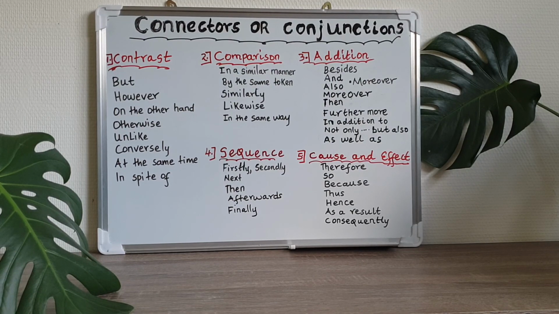Some connectors contrast ideas, others help to compare ideas, others help us to add ideas together, others help us to create some kind of sequence, and others we use when we want to show that one action led to another. Okay, that is cause and effect.